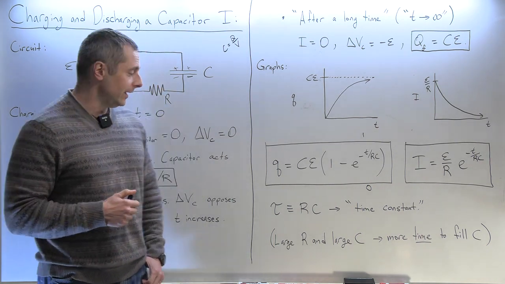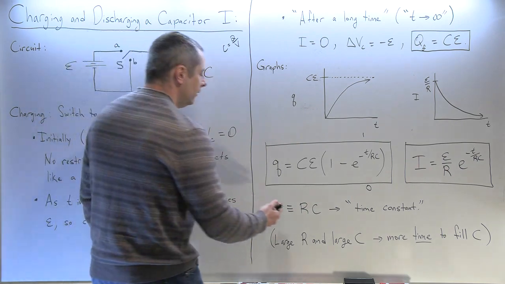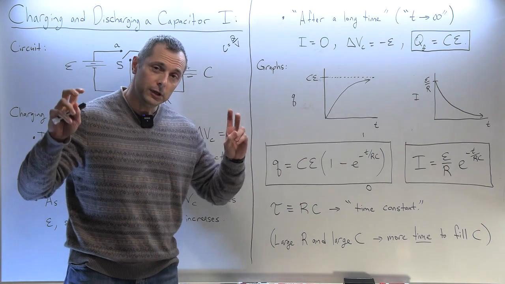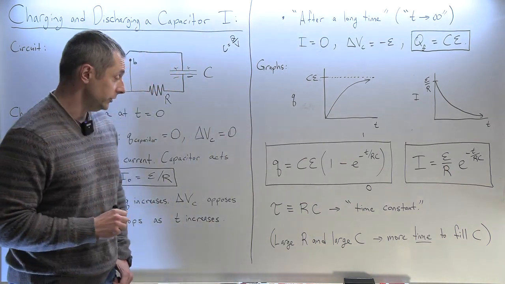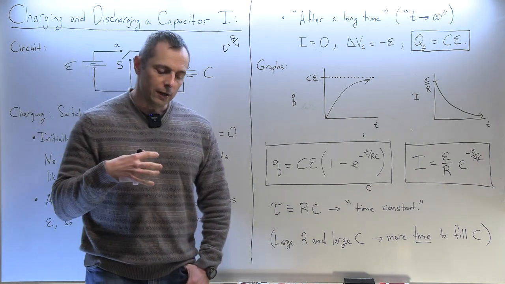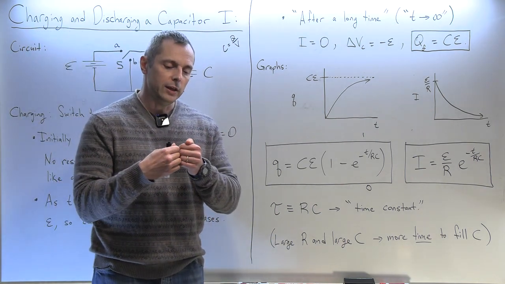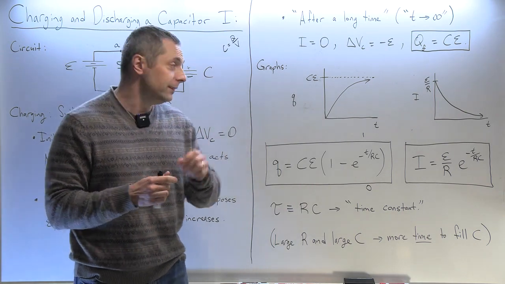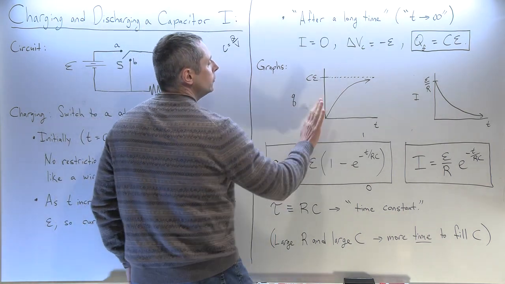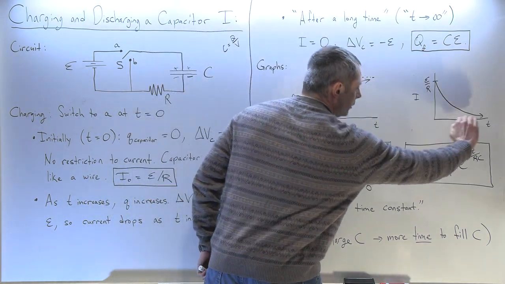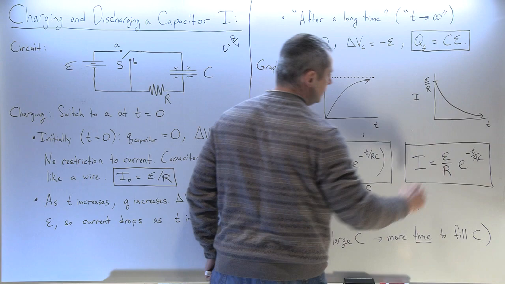It's the same Greek letter tau, but we recycle it for R times C, which we call the time constant in capacitor charging and discharging, by the way. When you multiply R times C, it tells you the time scale of how rapidly the capacitor rises, or maybe it takes a long time to rise up, and how rapidly the current drops, or maybe it takes a long time to drop.